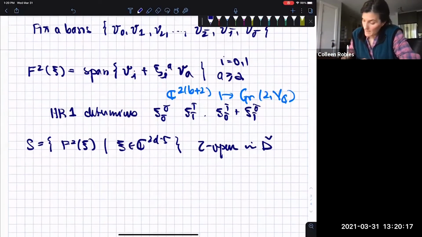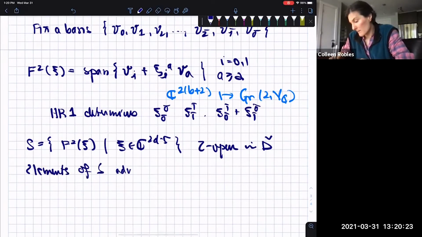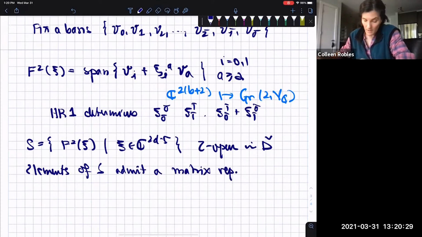And then we'll say that these elements of S admit a matrix representation, which is just the coordinate map.